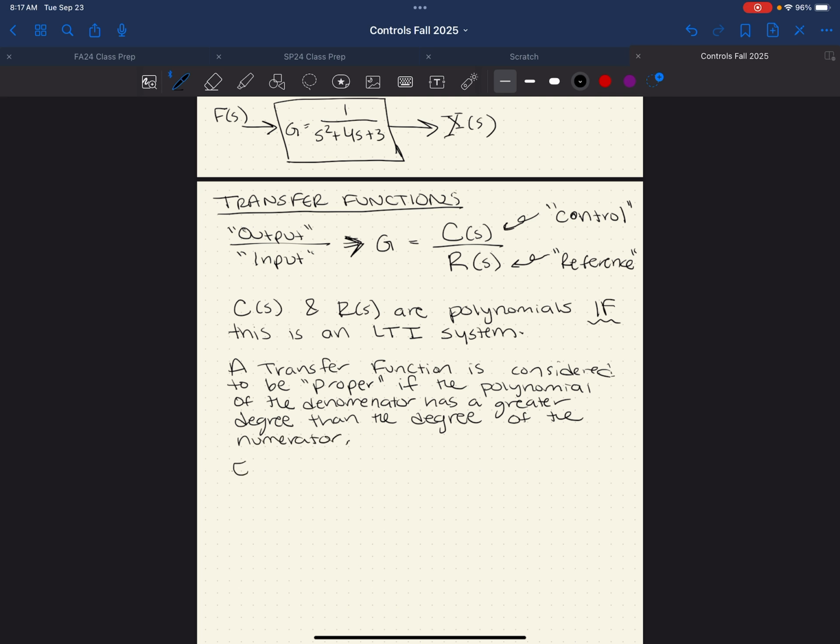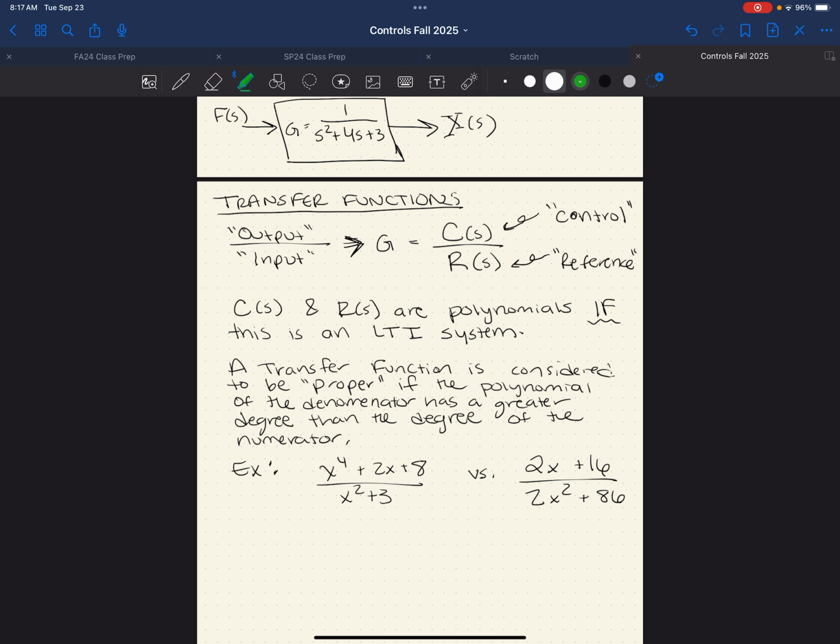So for example, if we have a transfer function that looks like this, versus a transfer function that looks like this, which one of these is proper?